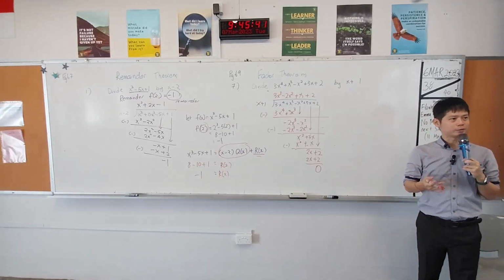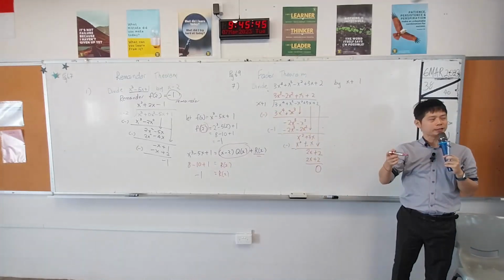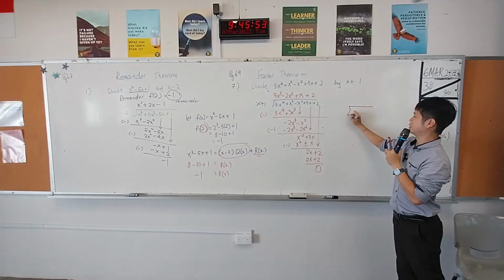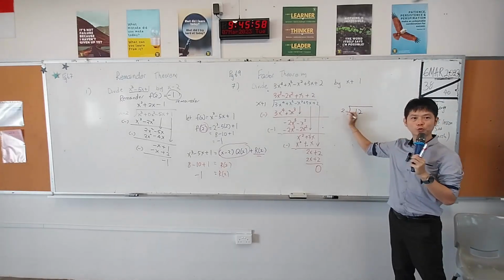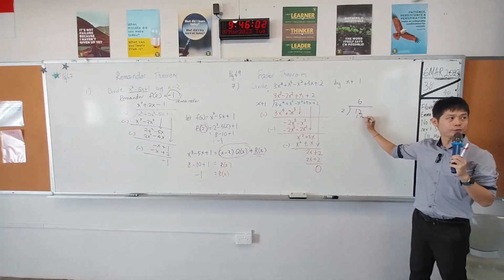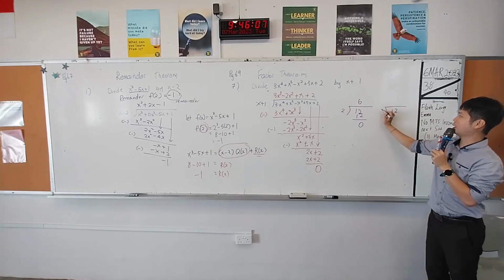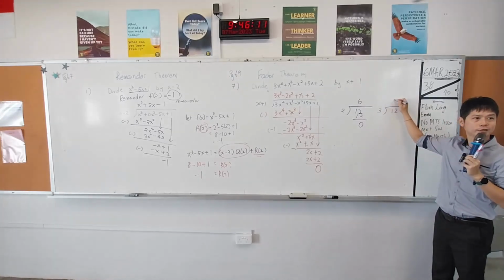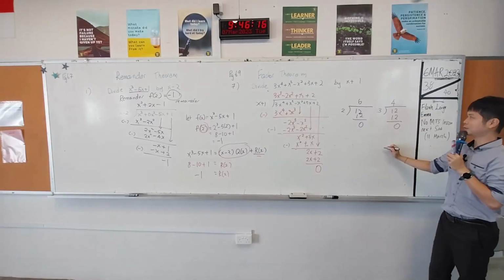Now, what do you know about the divisor when you divide by it and get 0? What's so special about the divisor? Let's take the number 12. When I divide 12 by 2, what do I get? 6. What's the remainder? 0. Again, I divide by 3. What do I put here? 4. What's the remainder? 0.